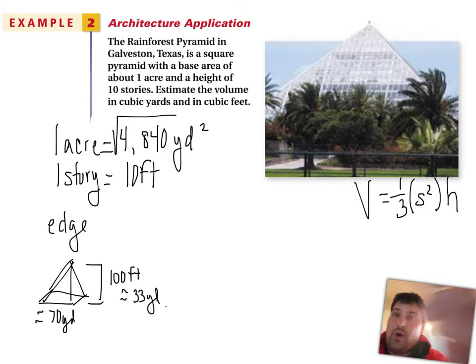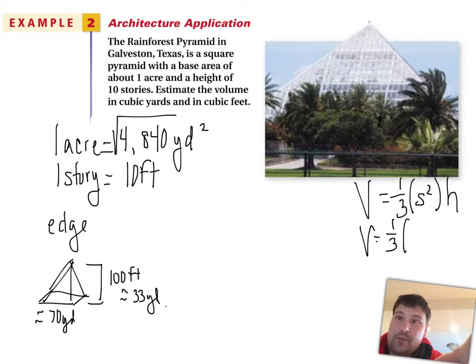So I know 1/3 s squared h. So 1/3, 70 squared, which I know is 4,840, or approximately 4,900. But I would actually plug in 4,840 here, times the height, which is about 33.